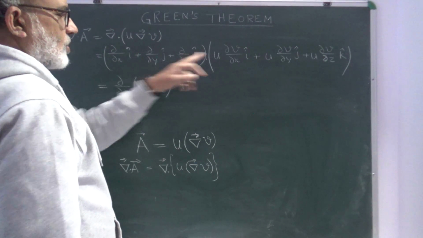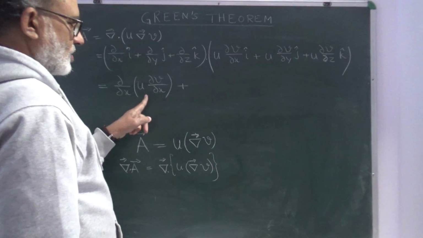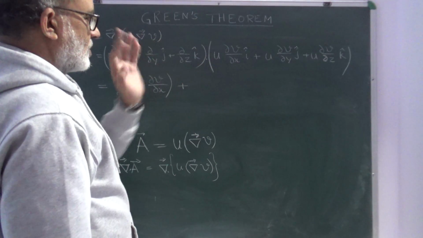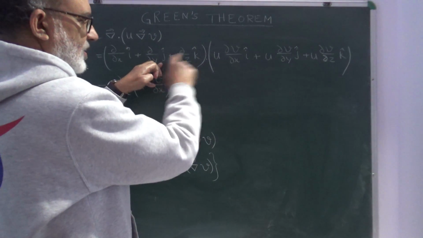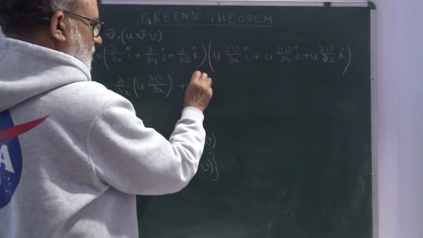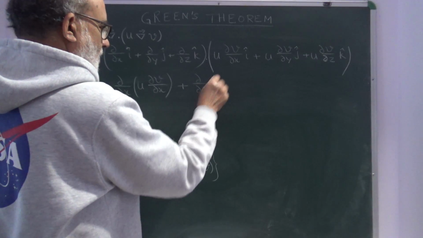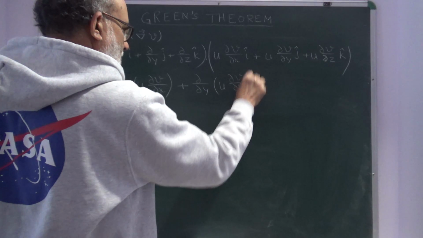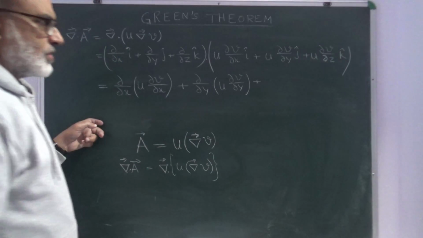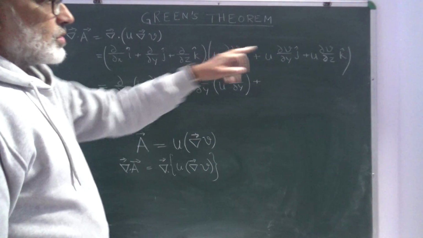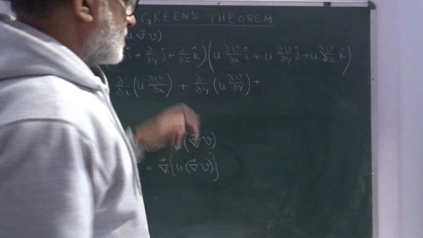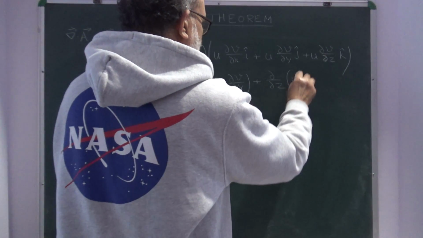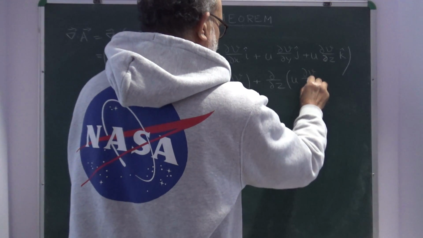Similarly, j dot i will be 0, j dot j remains, so it will be del by del y of U del V by del y, plus. Now similarly k dot k will remain, all other terms will be 0. So this is del by del z of U del V by del z.